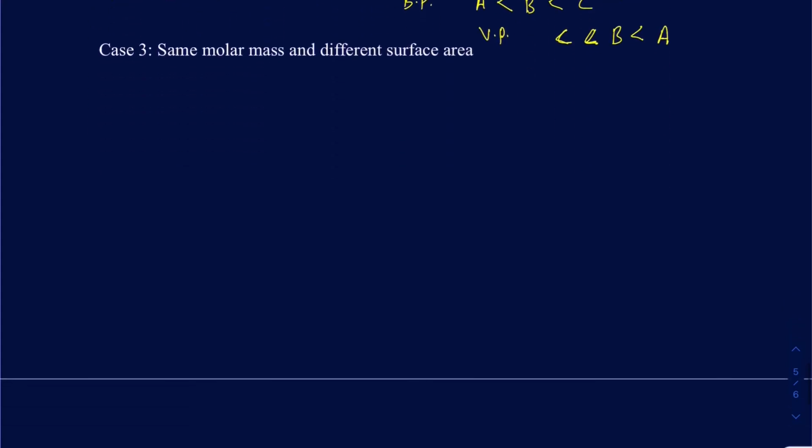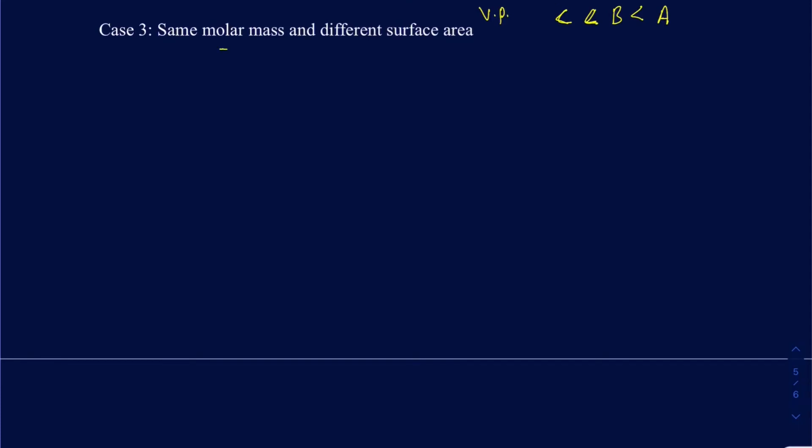Okay, what about if you have a case where you have the same molar mass but a different surface area? I can take an example of maybe C4H10, which means in one case I can place those 4 carbons in a regular chain, and then the terminal carbons will have 3 hydrogens, and the middle carbons will have 2 hydrogens each. That's one way of writing this formula.